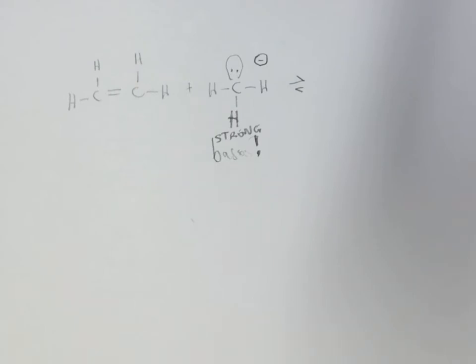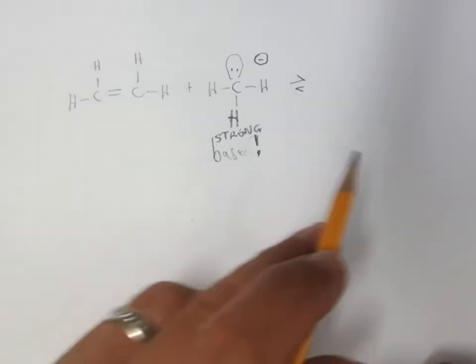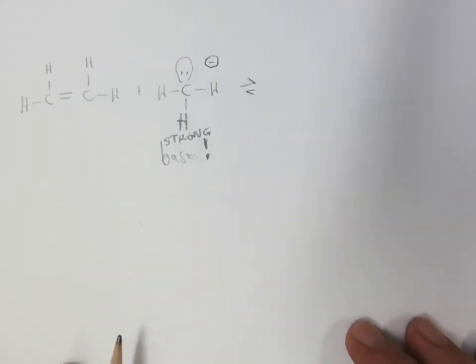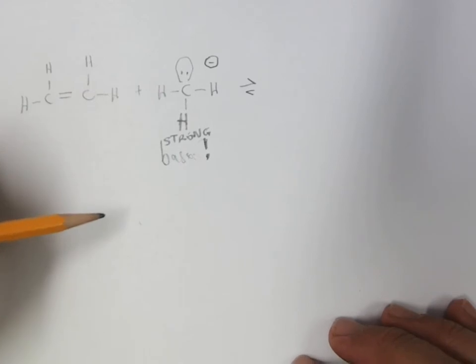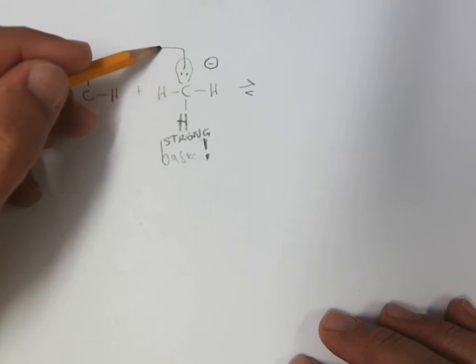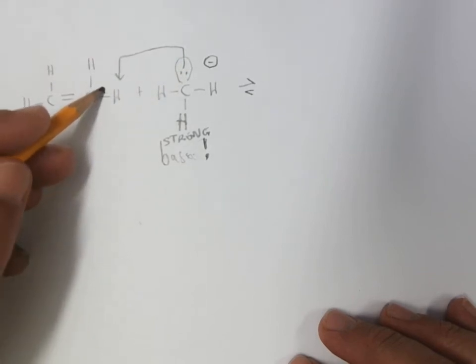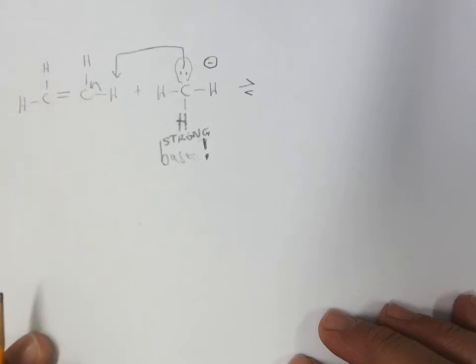And even if you didn't recognize that right away, you could explore if this anion could grab an H plus off of this, what would the products look like? So let's go ahead and do the typical acid-base mechanism. The lone pair on the carbon is going to go fetch an H plus, and then the bonding pair is going to become a lone pair.